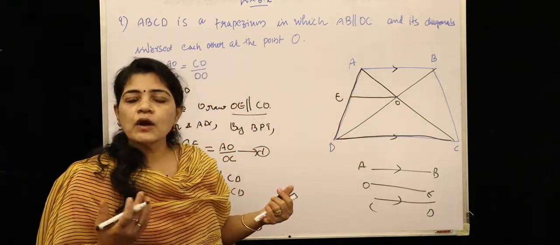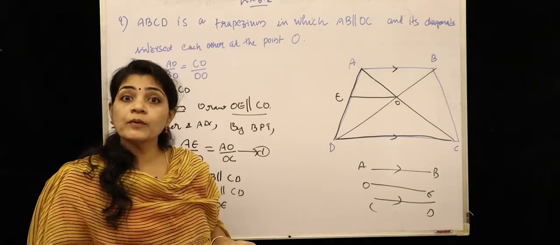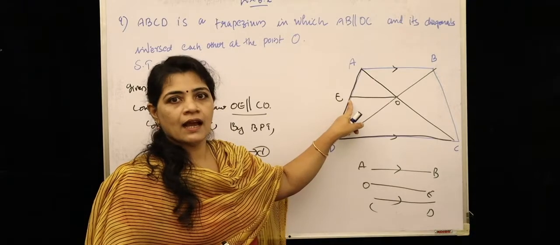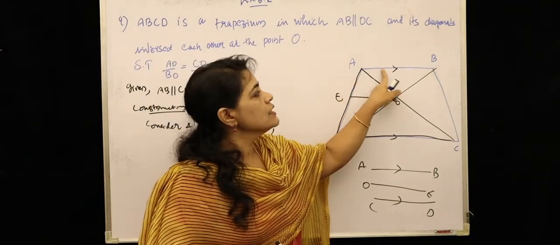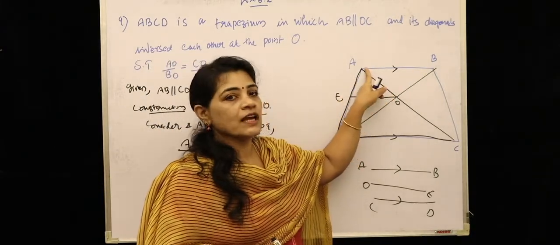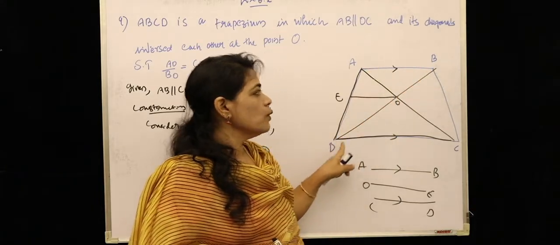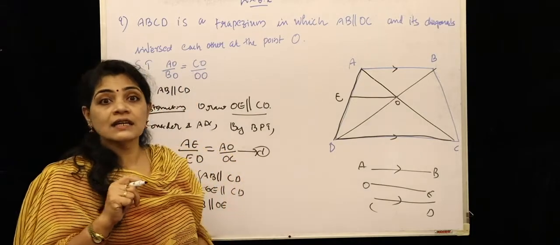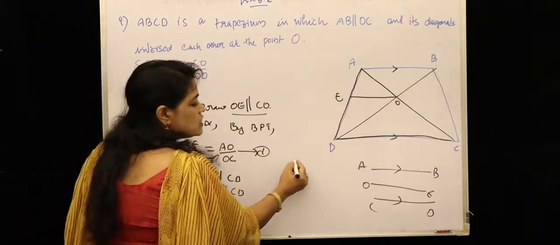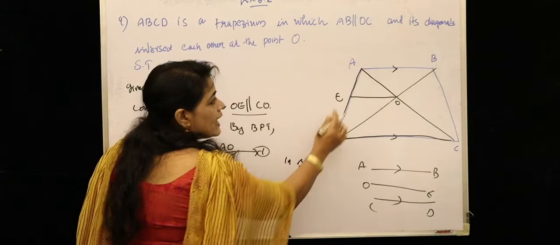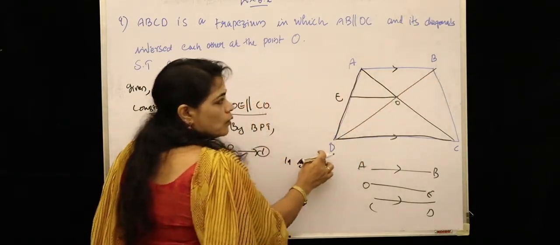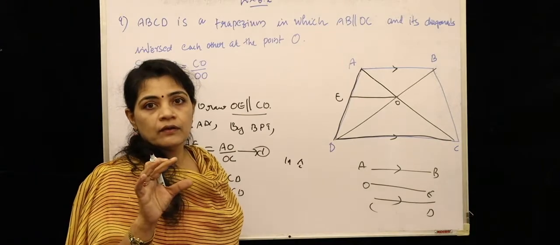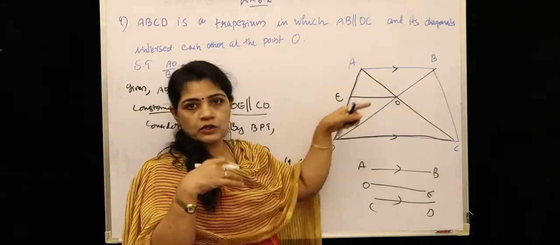And see children, can you apply the basic proportionality theorem? Upon which triangle? This OE is a line parallel to AB of triangle ABD. So in the second case, we have to consider a triangle having the side AB. Then only can the idea be applied that OE is parallel to AB.